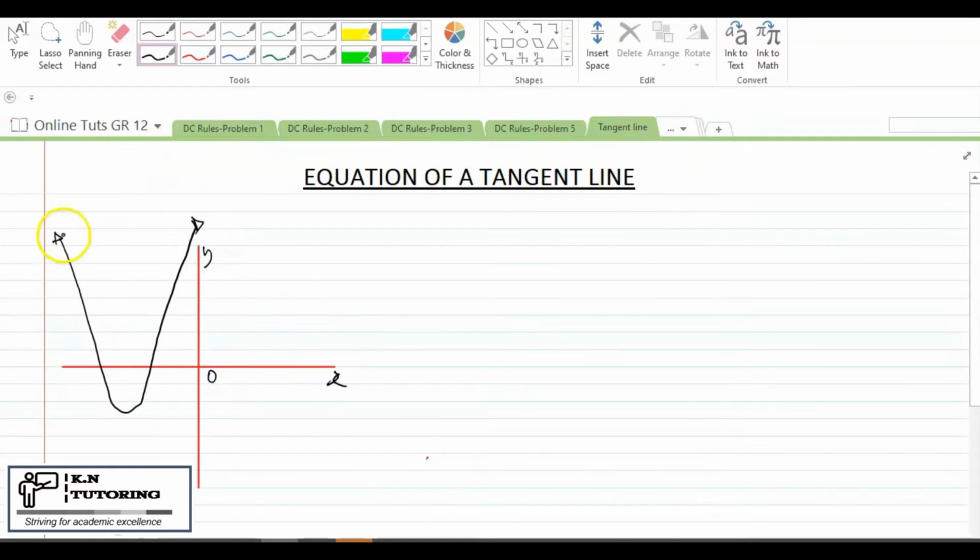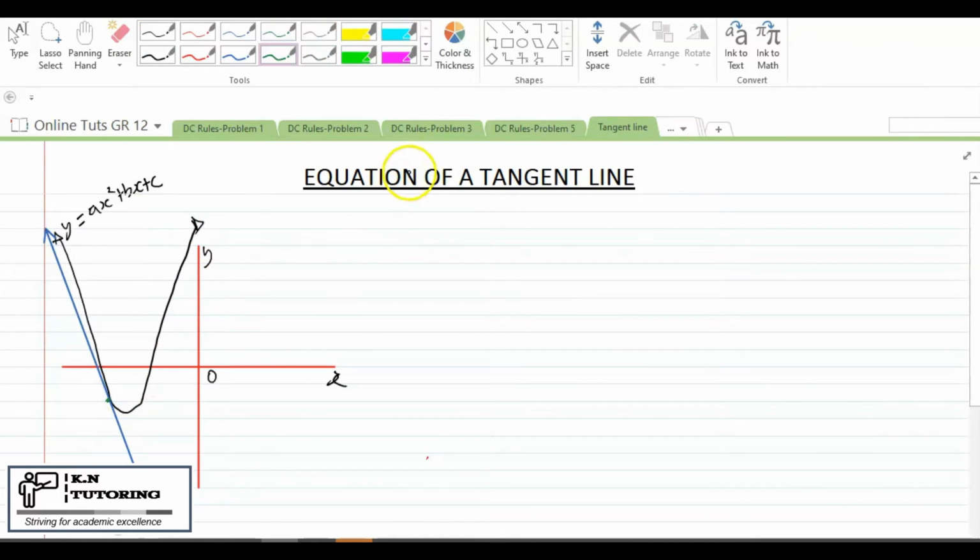This is in the form y equals ax squared plus bx plus c, and I have a tangent, which I believe now you know how it came about, touching the curve at one point.